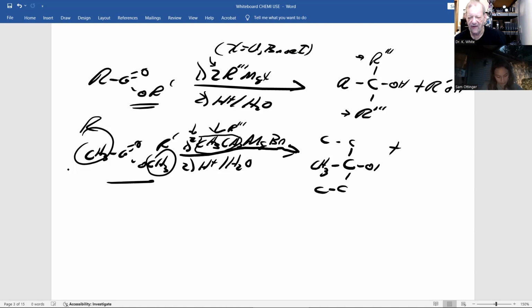And this will be an alcohol. And then this part becomes the second alcohol. R prime is methyl. And that's what you get.